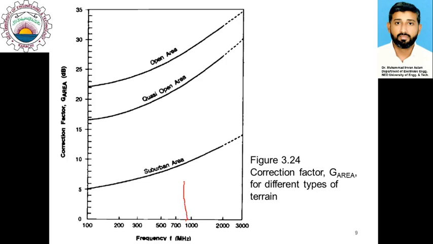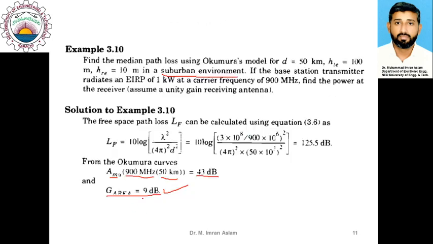From here you can draw a vertical line up to the suburban area curve, and then you can read the value from the vertical axis. So this correction factor because of the terrain comes out to be around 9 dB when you read from the curve.